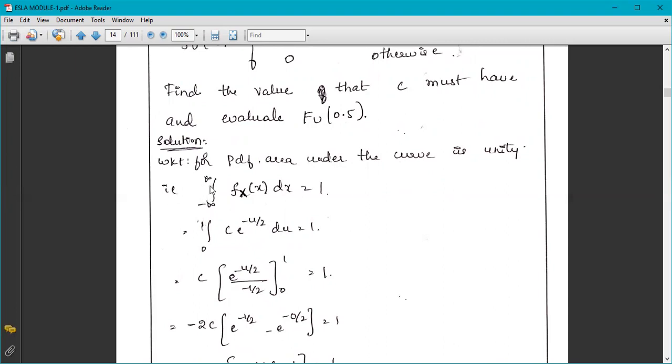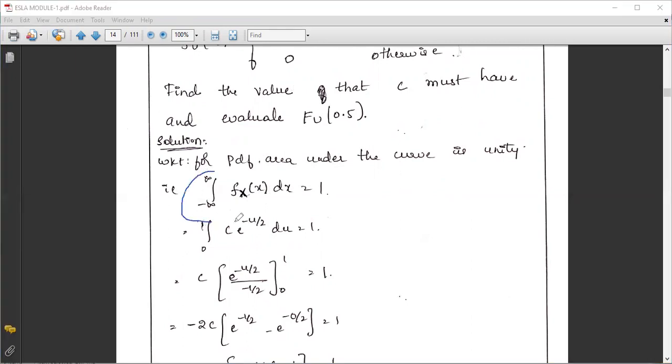That is, the integral from minus infinity to infinity of f_X(x) dx equals 1, where f_X is the probability density function of the random variable x. We already proved this in the previous class.